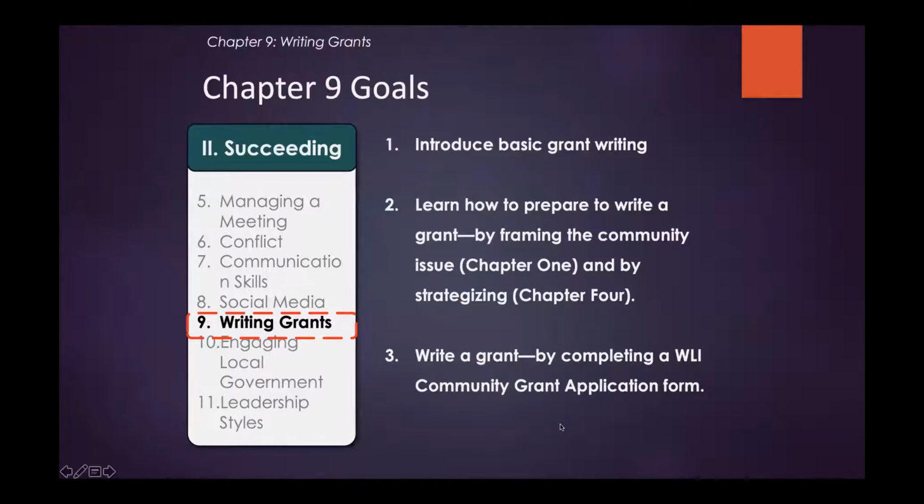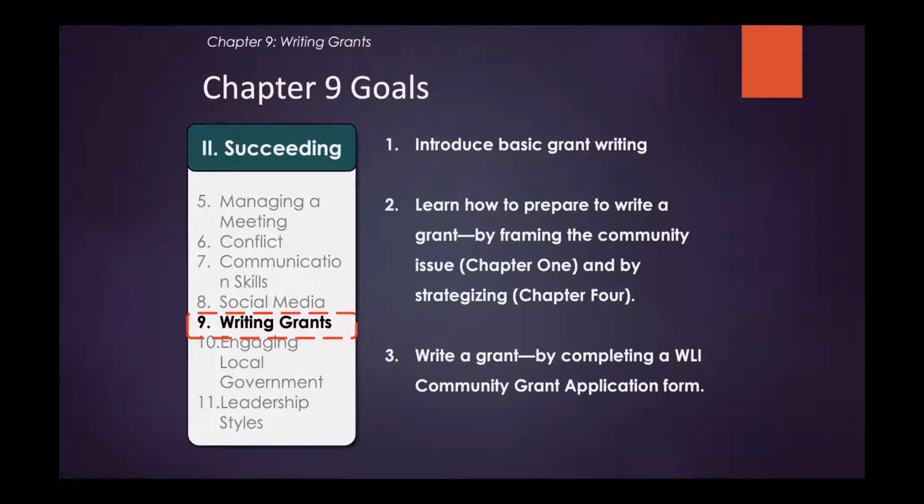So our goal for tonight is to get a basic understanding of grant writing: what it is, what it encompasses, what the various components of a grant are, what the process of submitting is, and then what happens afterwards, and really just the overall point and purpose of grants for the work that all of you might be doing out in the community.